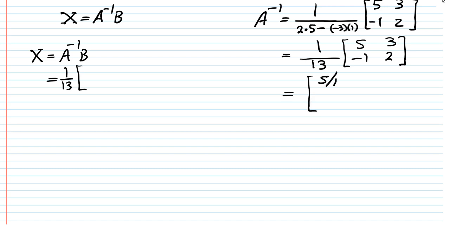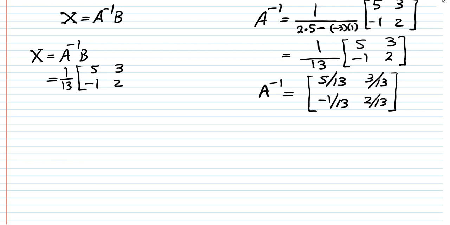So everything will have a denominator of 13, and that's going to be 3/13, and that's going to be 2/13. So that is truly the inverse matrix. Now, it'll be easier for me to keep the scalar 1/13 outside of the matrix and only do whole numbers or integers 5, 3, negative 1, 2. So the integer values are easier to work with. That's the rationale for doing this.